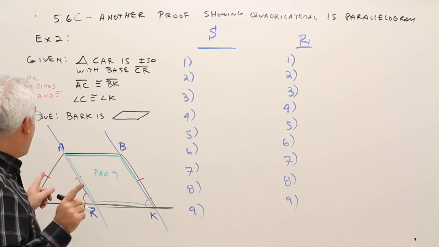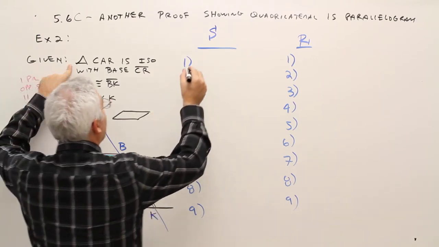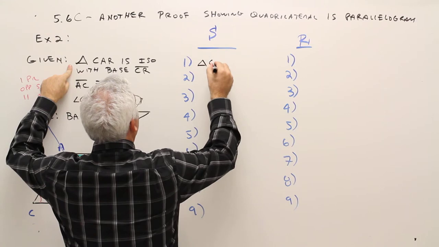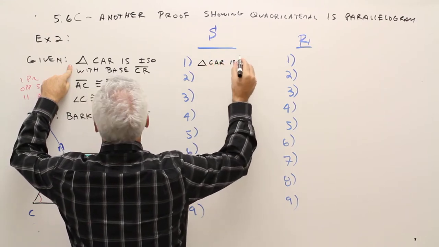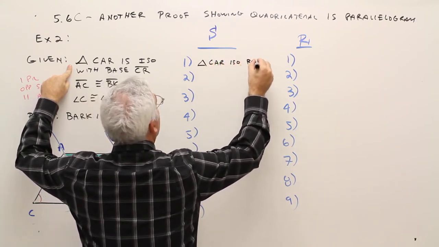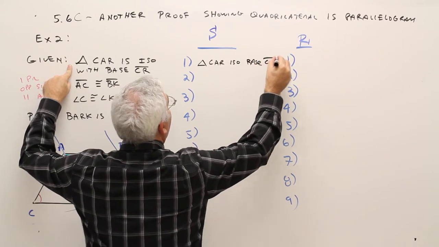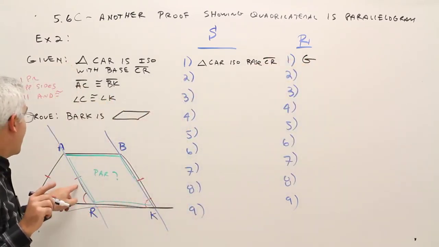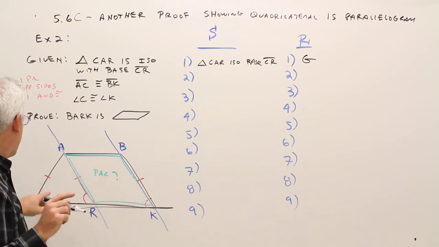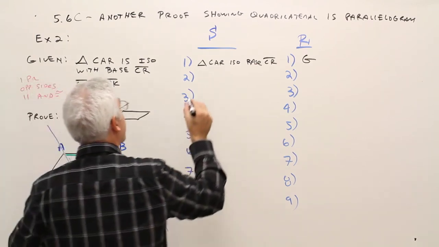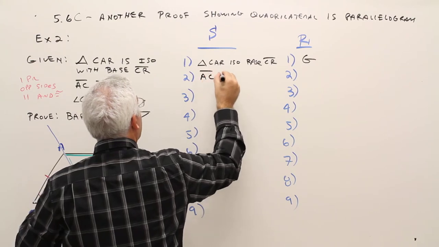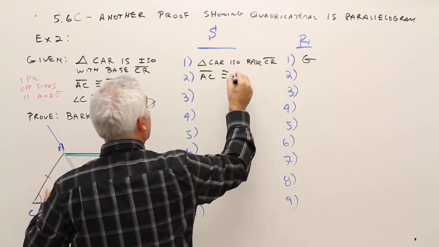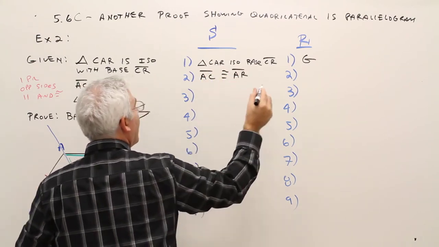So I'll start with the sides first. So I'll say triangle CAR is isosceles with base CR. That was given. Based on that, I'll get these sides right here. So AC is congruent to AR.